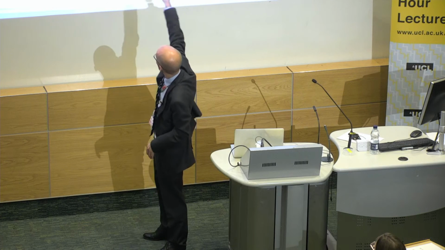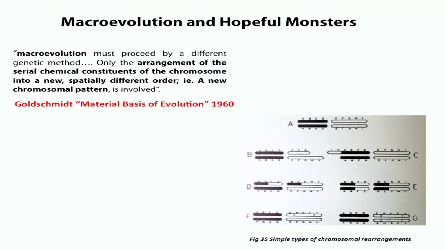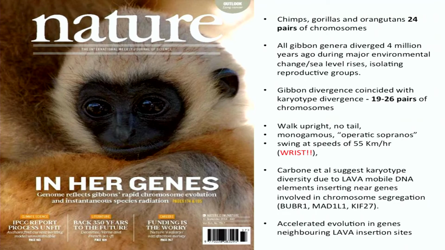Because these types of chromosomal rearrangements that he showed in figure 35 of his book is what we see in cancer writ large. And I just want to focus on this beautiful paper that was published in 2014 because I think it illustrates just the scale at which chromosomal rearrangements can alter the way in which species evolve.